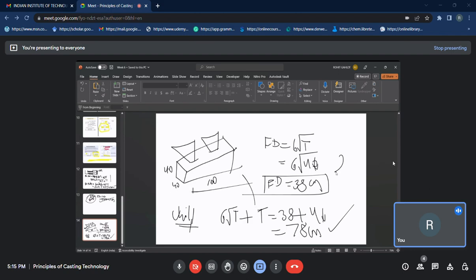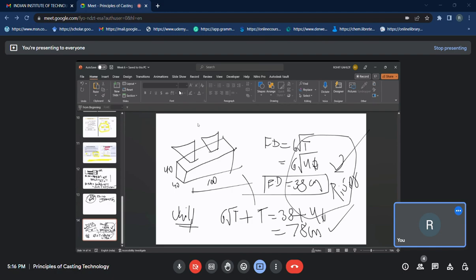So definitely you need two risers. With one riser, this problem can't be done. Okay then, I hope this is clear. If you have any doubts, keep on asking.